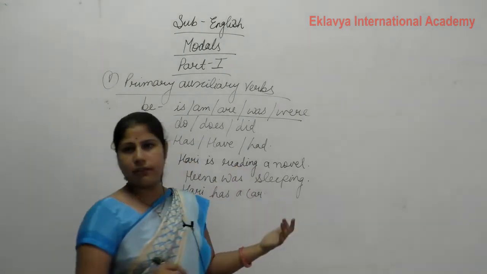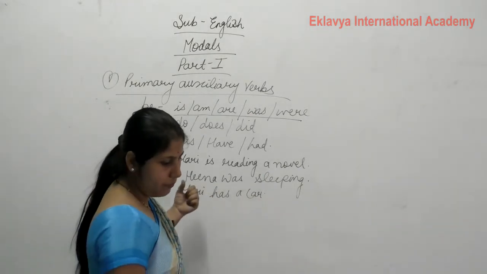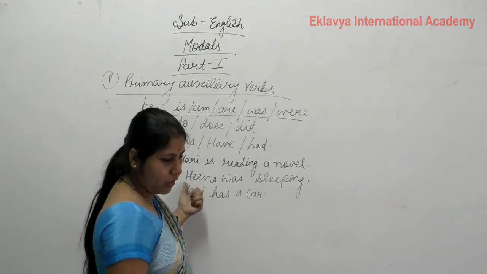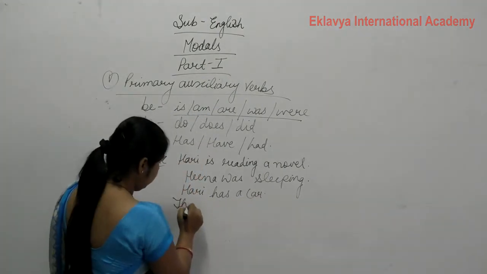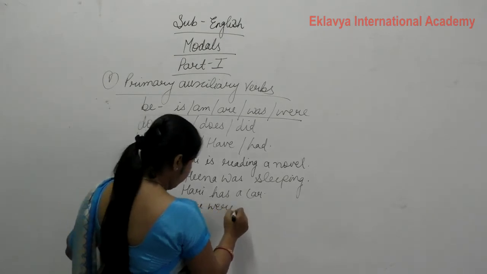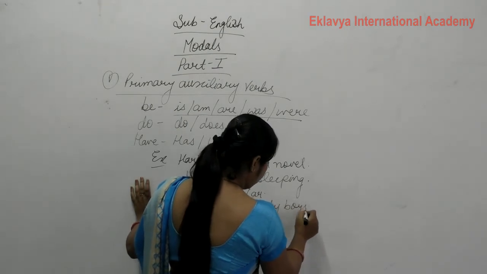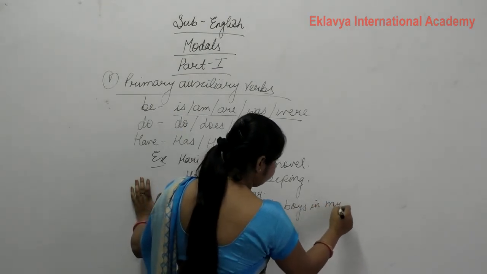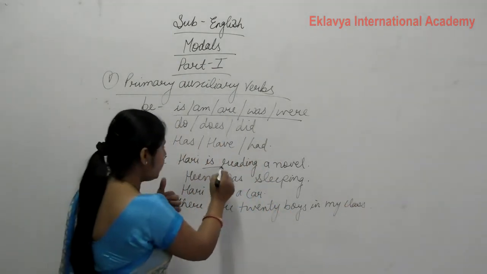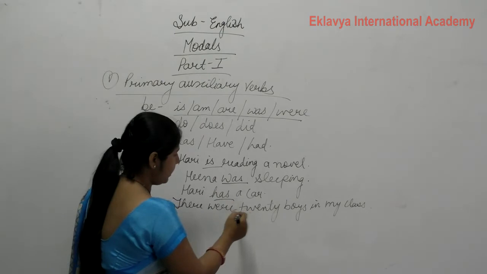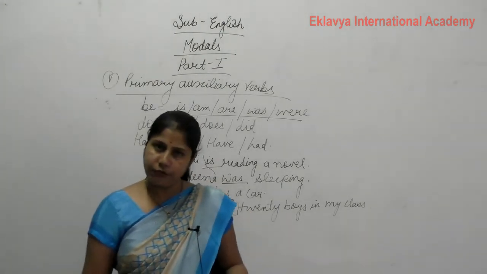Clear? So, this way we can use our primary auxiliary verbs. Okay? One more example, write down. There were 20 boys in my class. Clear? So, is, was, has, were. These are called our primary auxiliary verbs.